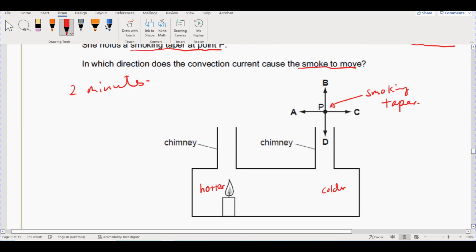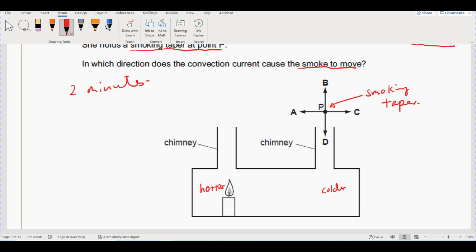Okay, so let's have a look. Which direction will the smoke go? Normally it will rise, but in this case, definitely not. Why? Let's think about the convection current from the hottest spot, which is the candle.